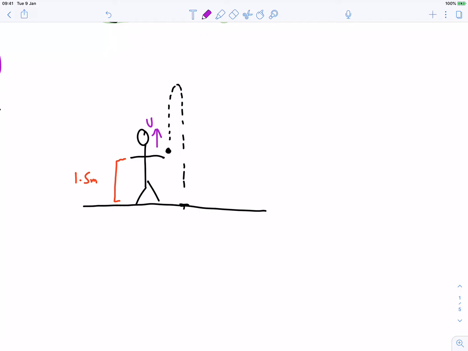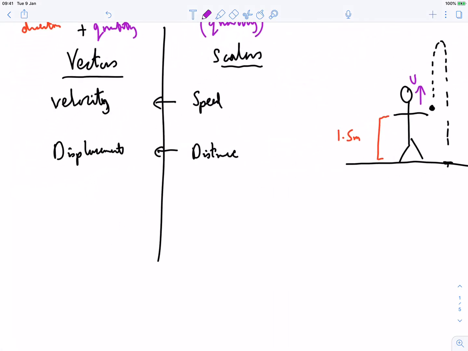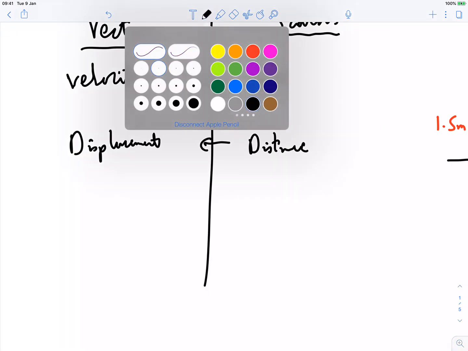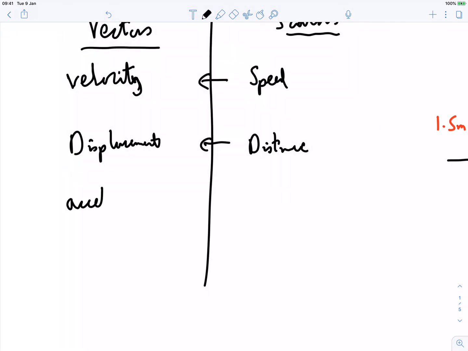So let's define some key things. u, we're going to call the initial velocity. v, we're going to call the final velocity. a is the acceleration in the system, and again, this acceleration we're going to treat as a vector as well, because that has magnitude and direction.